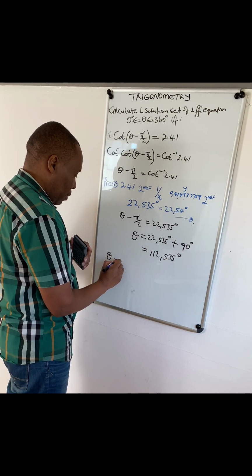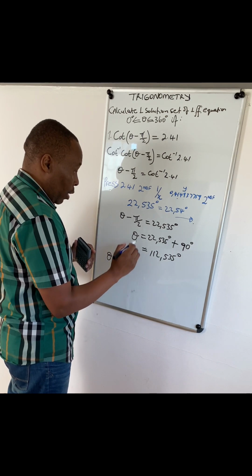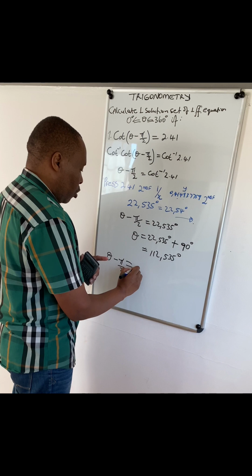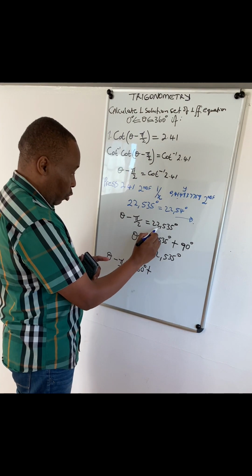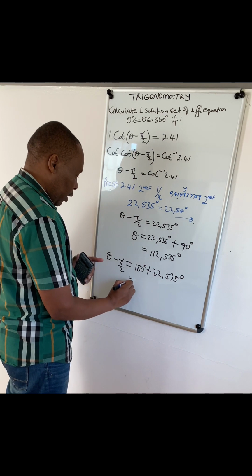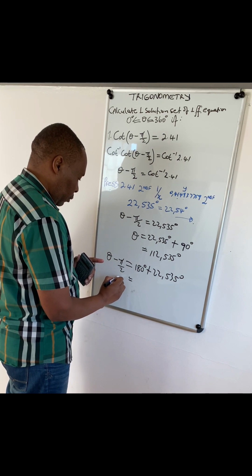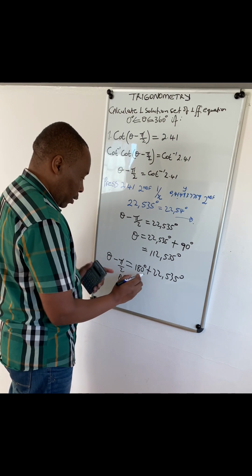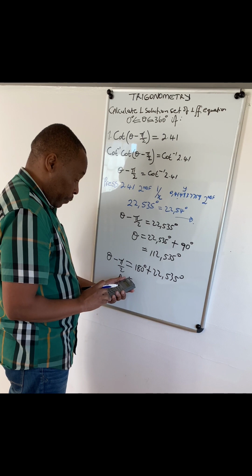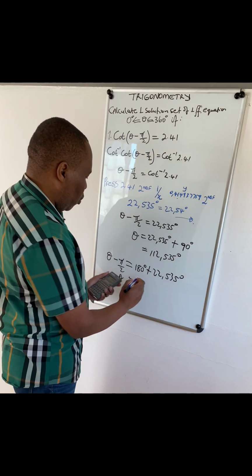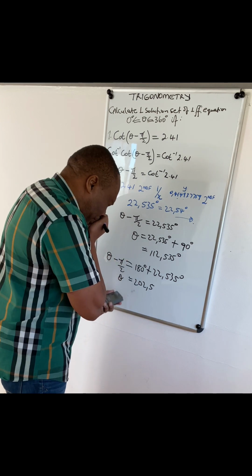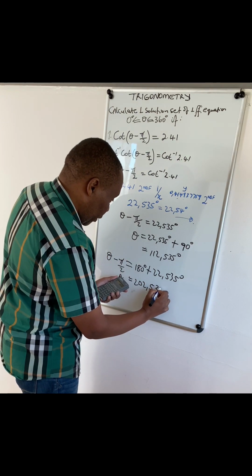So we have theta minus pi over 2 being equal to 180 degrees plus 22.535 degrees, because the third quadrant is 180 plus. So this is equal to 202.535 degrees.